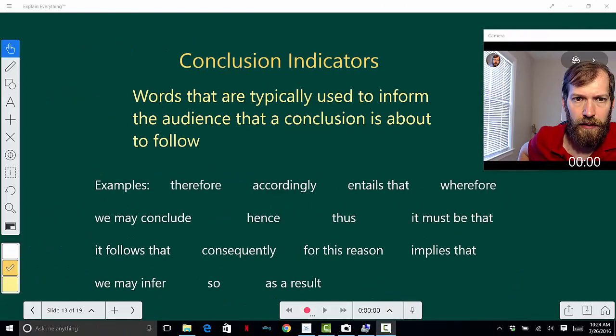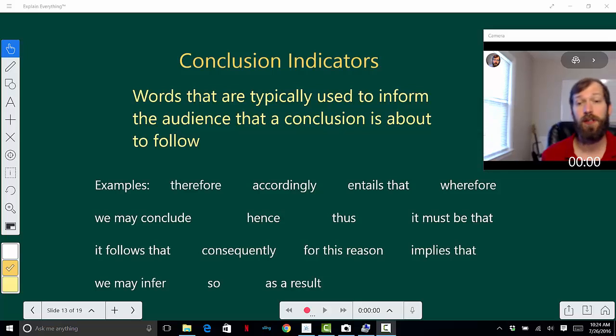So again, unsurprisingly, given the term, conclusion indicators are words that are typically used to inform the audience that a conclusion is about to follow. So if we have a passage in which we have an argument, the idea of a conclusion indicator is that the clause or statement that follows after this particular type of word is going to be the conclusion and is what's supposed to be supported by other statements in that passage.